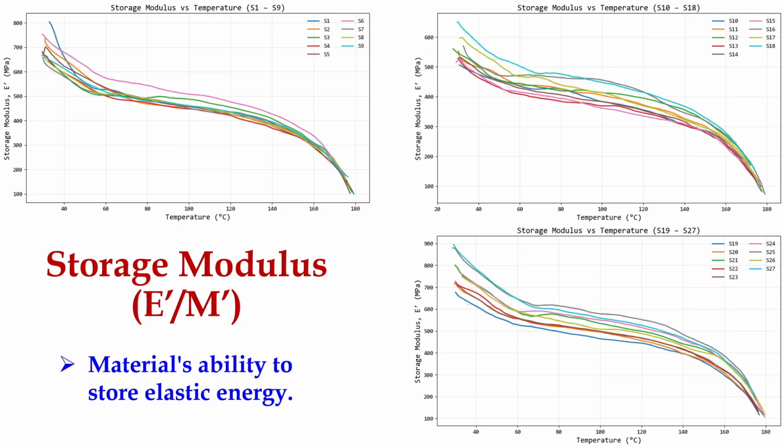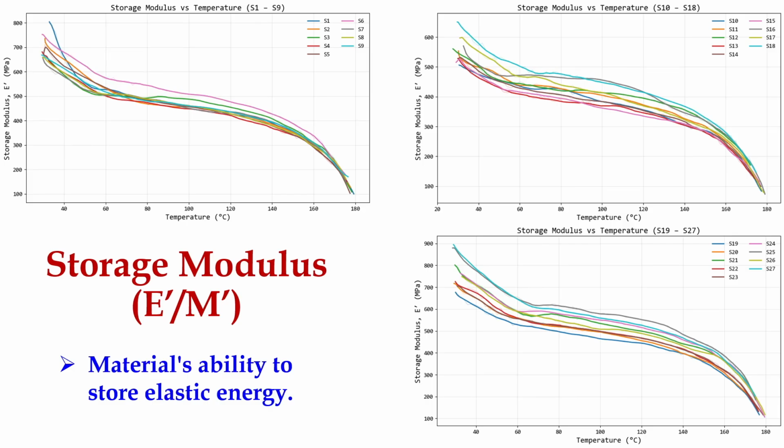So as you can see, this is the storage modulus. You can think of it like a spring. If you have seen a pen's spring, when you give some vibration to it, it restores the energy. So basically, storage modulus is the material's ability to store elastic energy.